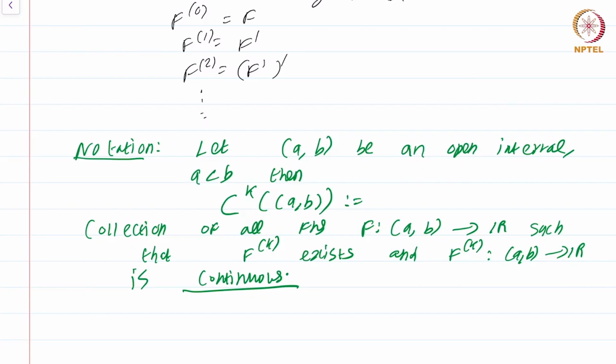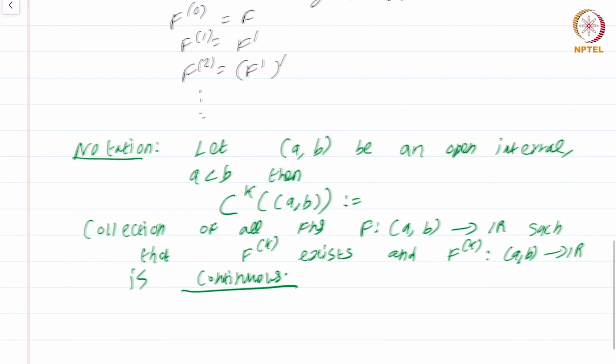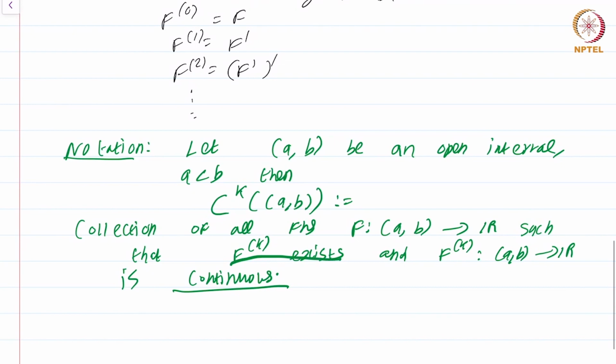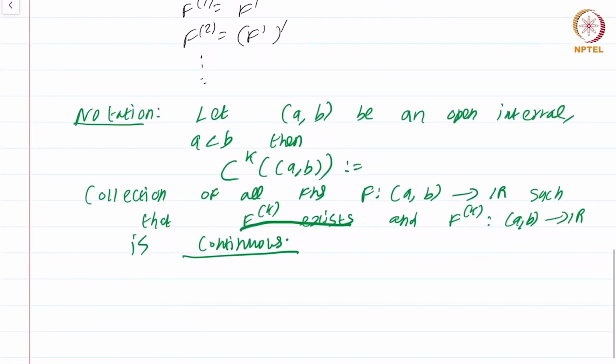For f^(k) to even be defined, f^(k-1) must be defined. So f', f'', f''' up to f^(k-1) are automatically defined just because I'm saying that f^(k) exists. So this is automatically asserting that all the lesser derivatives also exist, and f^(k) should be continuous.